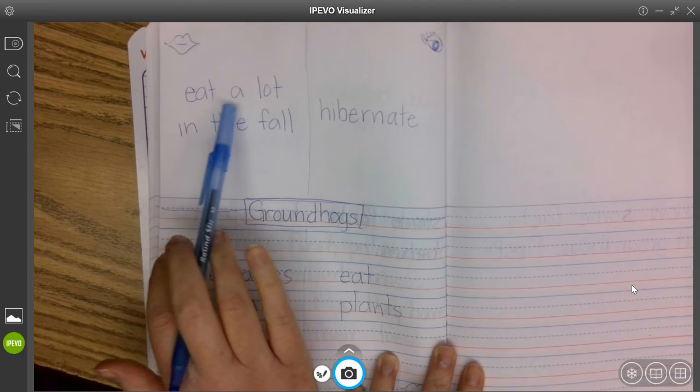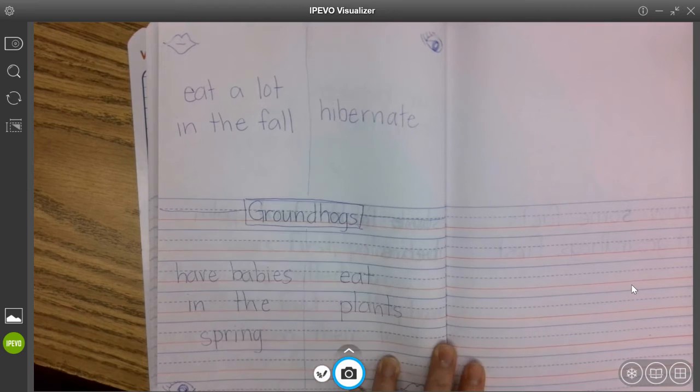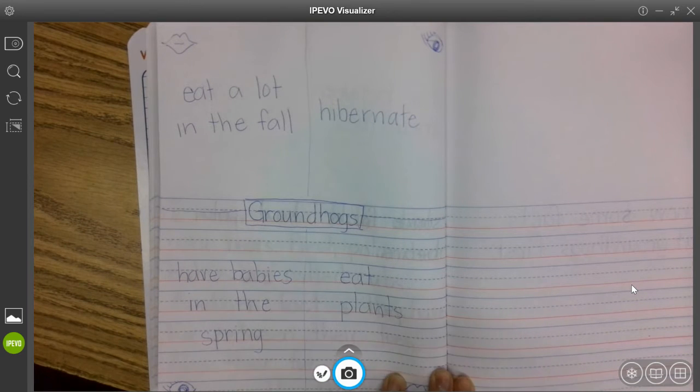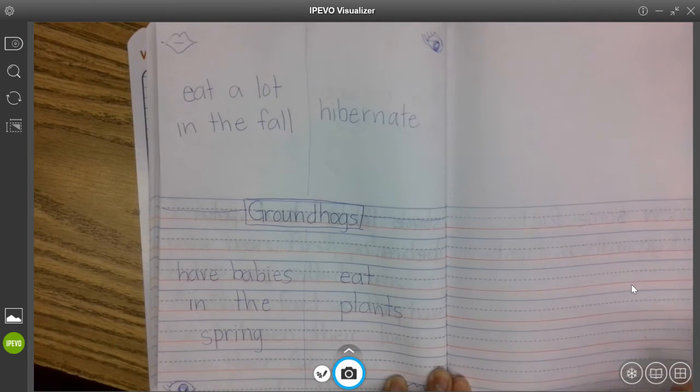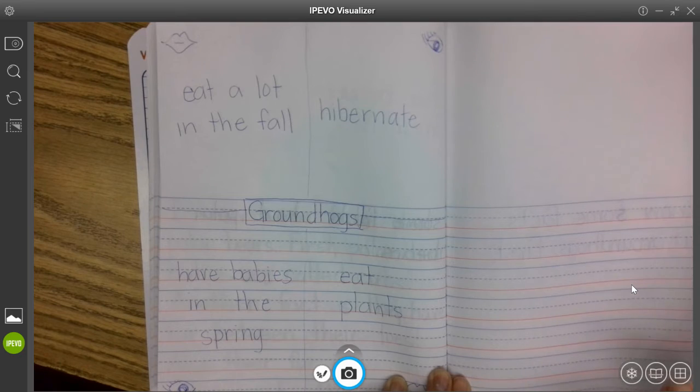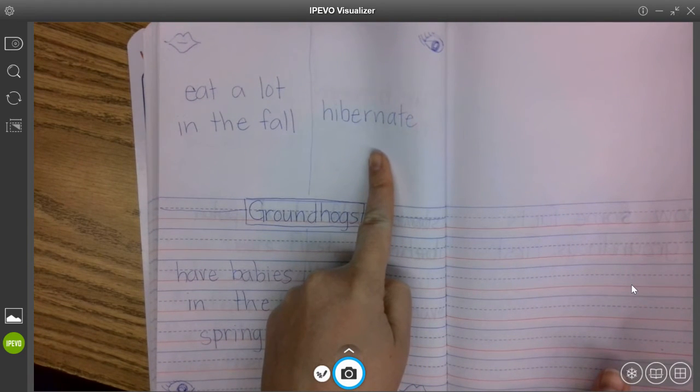First, they eat a lot in the fall. First, groundhogs hibernate. First, groundhogs have babies in the spring. Or first, groundhogs eat plants. I'm going to choose to write that first they hibernate.